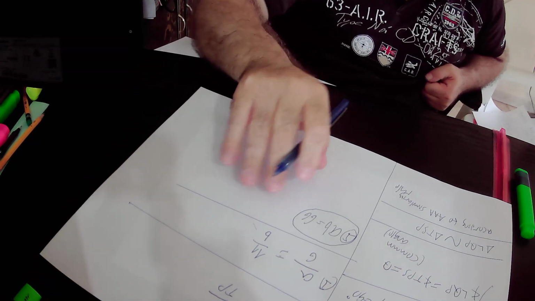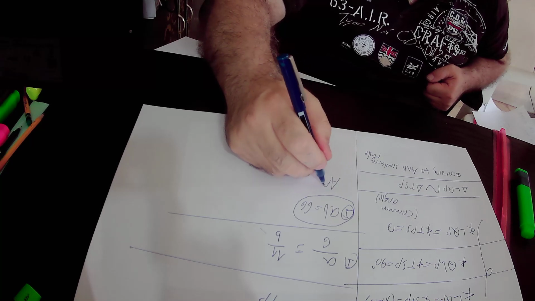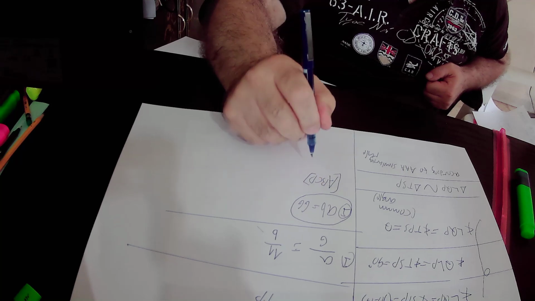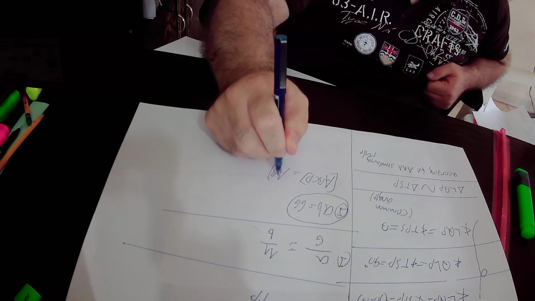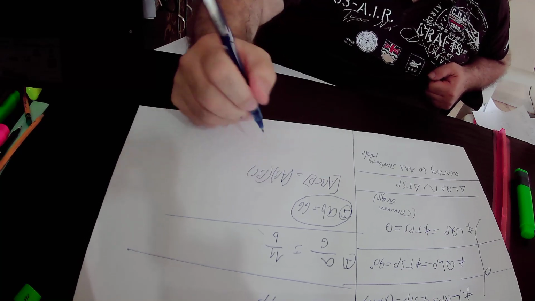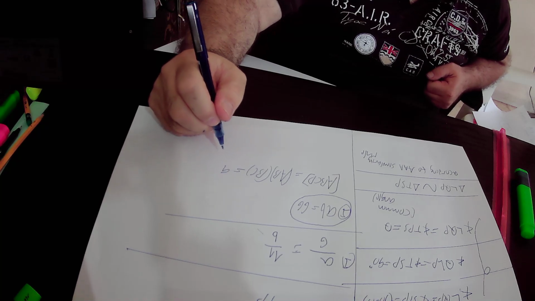And what is the area of rectangle ABCD? The area of rectangle ABCD is equal to the length of the rectangle, that is AB, times the width, that is BC. The length is AB according to our definition.